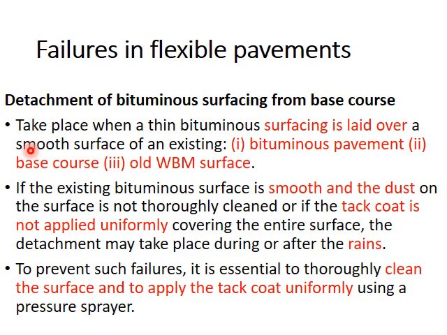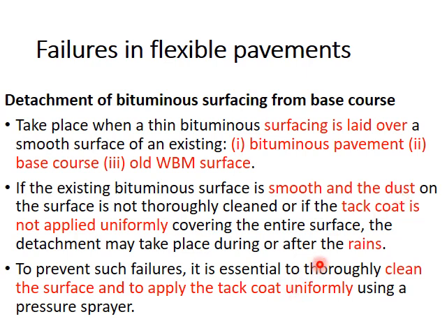If this tack coat is not applied, or is not applied uniformly, or if some dust or waste material was present over the tack coat, the binding will be affected. There won't be a complete binding of the two layers, that is the base course and the bituminous surfacing or binder course will not be bonded properly. So there will be detachment of the surface layer from the base course.